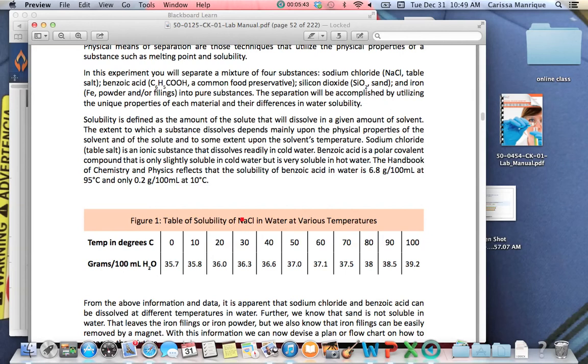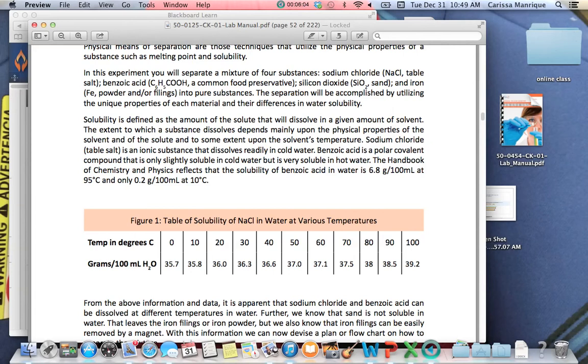So the interactions must be very similar to that of water. Now let's look at benzoic acid. Benzoic acid does not dissolve that well in water. It dissolves a little bit, so there's a slight interaction there, but not that well. So that tells you that benzoic acid is not that much like water.